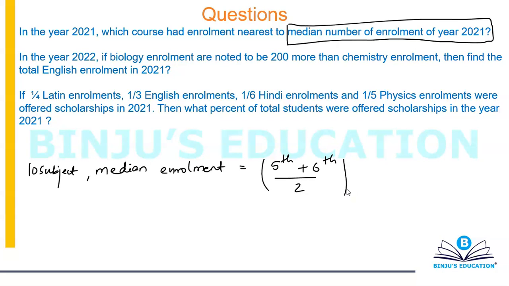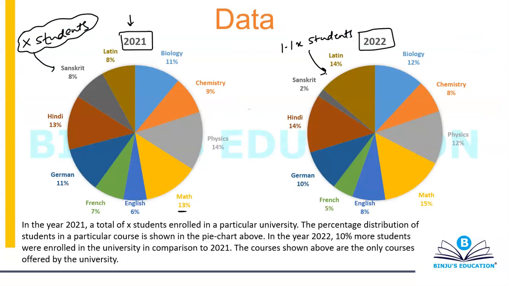The median enrollment will be the average of the 5th and the 6th course. You have to take the average of those 2 courses. Okay, now how are we supposed to do that? Now you don't have to calculate the actual values, it's not required.